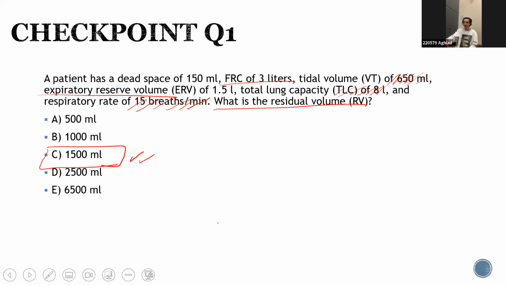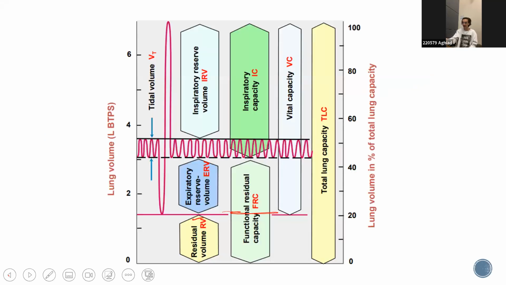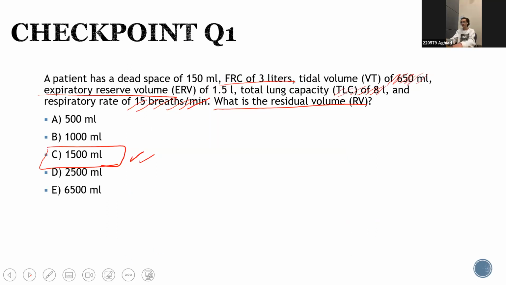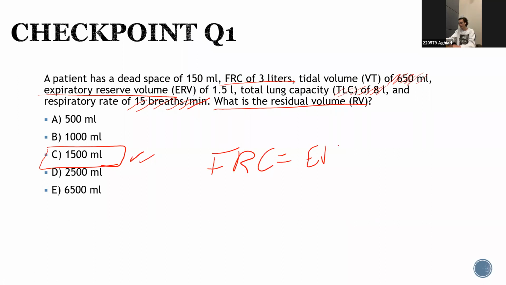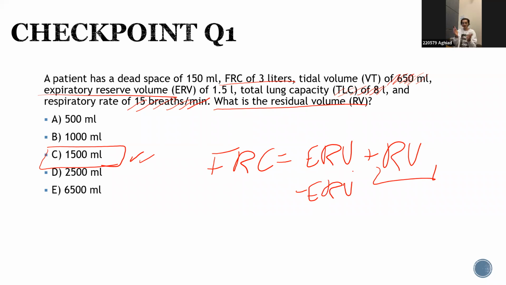If we go back, as you can see here, FRC is expiratory reserve volume plus residual volume. So FRC equals ERV plus RV. Back to math now. If we want to measure RV, just minus ERV. It may look like physics, it's not, don't worry. It's just basic mathematics.